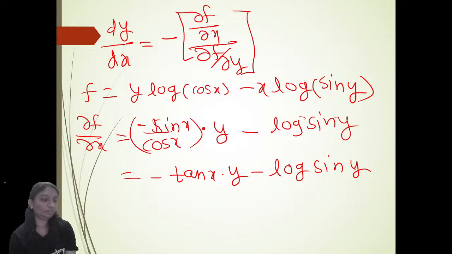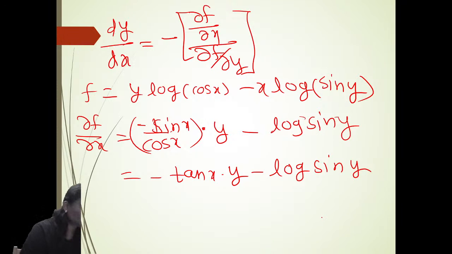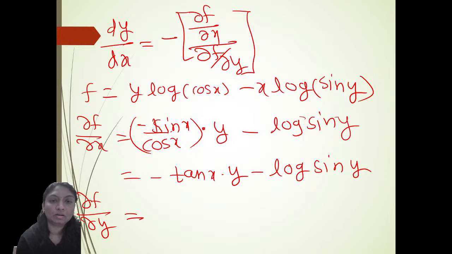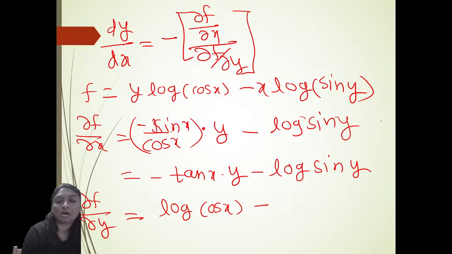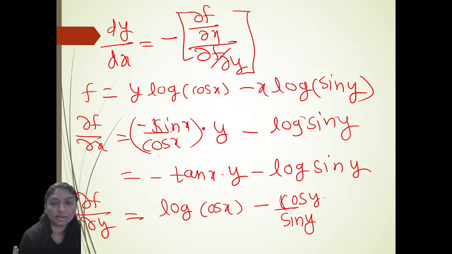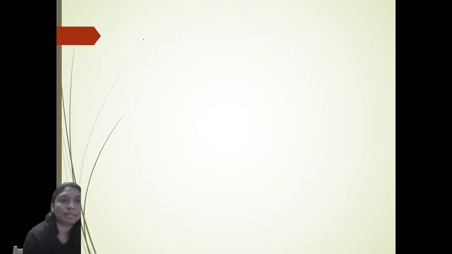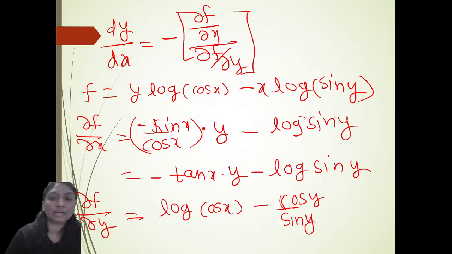Now you will get here del f by del y. First, log cos x is constant. So log of cos x minus log sin y gives 1 upon sin y into derivative of sin y, which is cos y. So del f by del y is equal to log cos x minus x cot y.